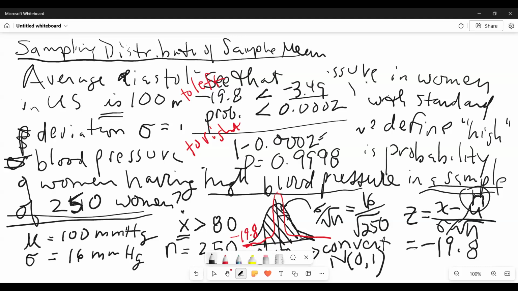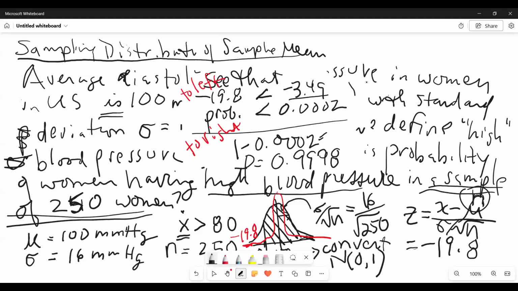Right, so the answer we're looking for, what's the probability of women having high blood pressure in our sample of 250 women? The answer to that is 99.98%.